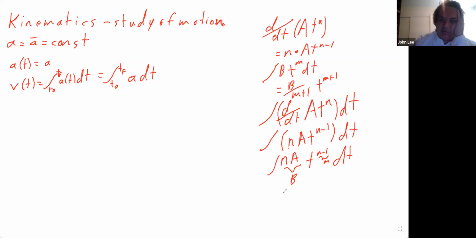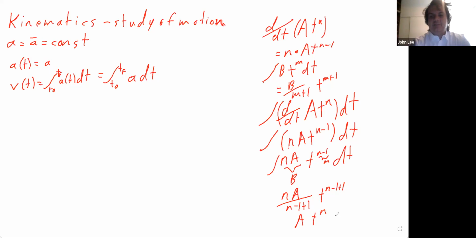That is going to be equal to n a divided by n minus 1 plus 1, because this is m plus 1, times t to the n minus 1 plus 1, which is just going to be equal to a t to the n. So we take the derivative of it, and then we integrate it, and it gives us the same value that we initially had.